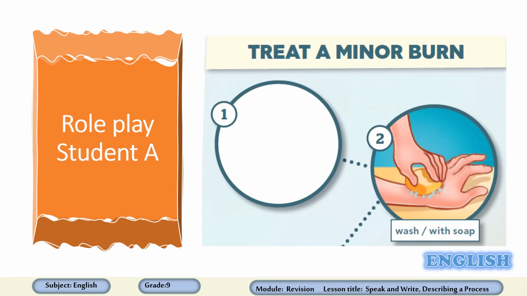In this role play, Student A should ask Student B about the first step in the process. For example, what do you have to do first?